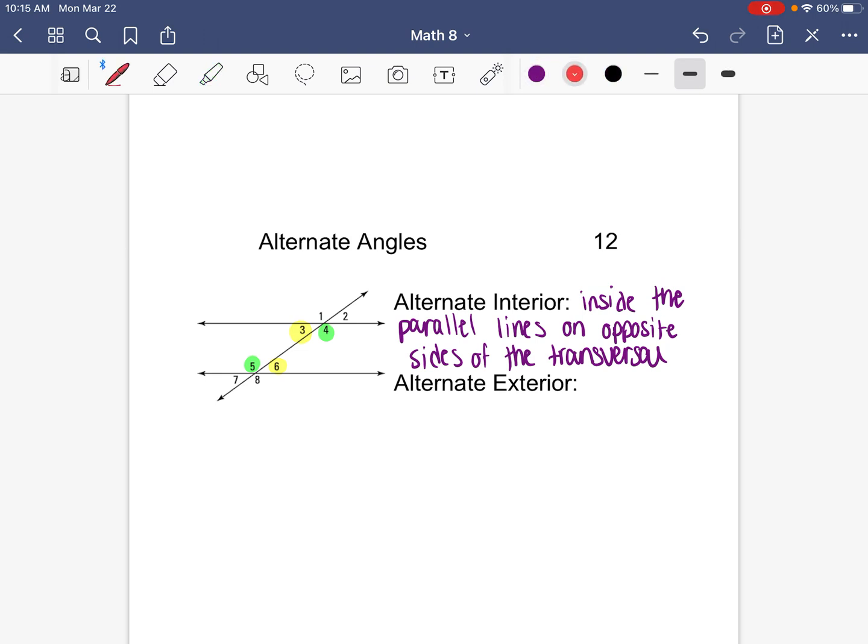Next we have alternate exterior. These are outside the parallel lines, but still on opposite sides of the transversal.